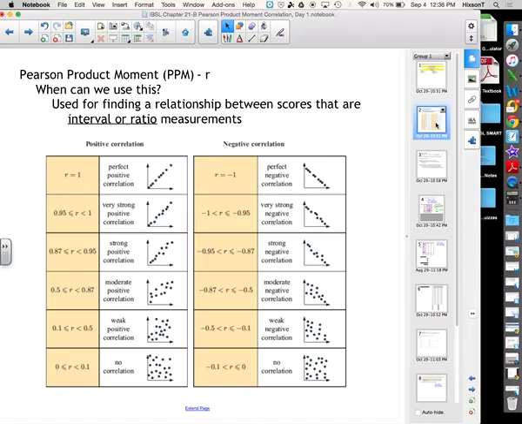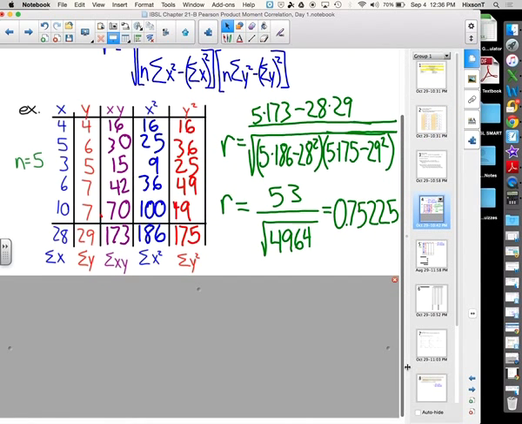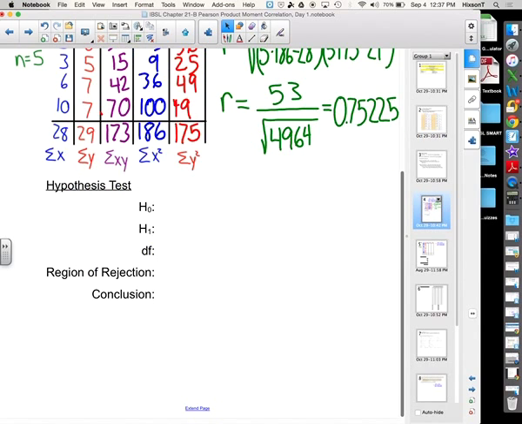But that doesn't really matter. We want to know, is it statistically significant? So, let's work our way through our hypothesis test, and here we'll actually see a region of rejection. So, what would we say for our null hypothesis?